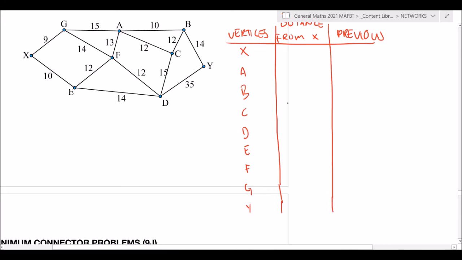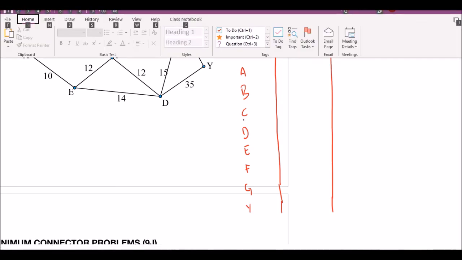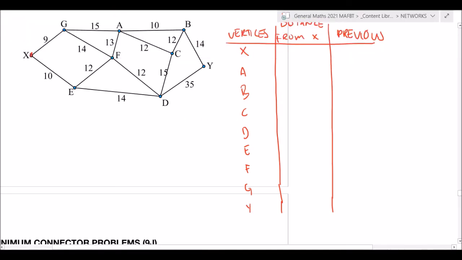All right, so let's write down the distance from X to get to all of these. Starting from X right here, X to X, the distance is going to be 0, and the previous we'll just leave as X, because it's obviously the starting point. So from X, we can either get to G with a weight of 9 or E with a weight of 10.